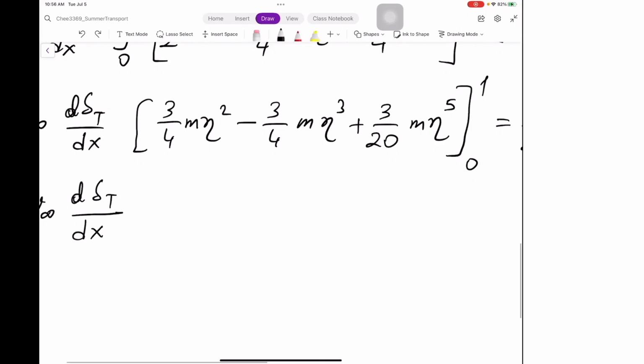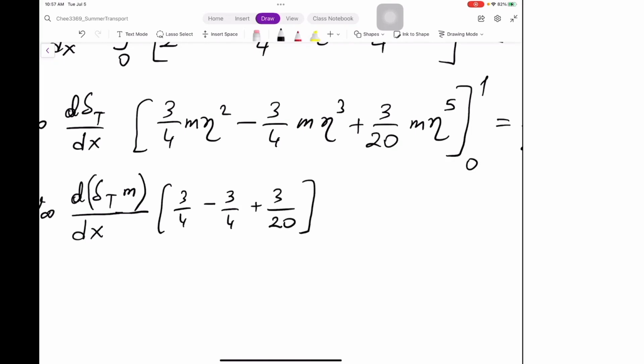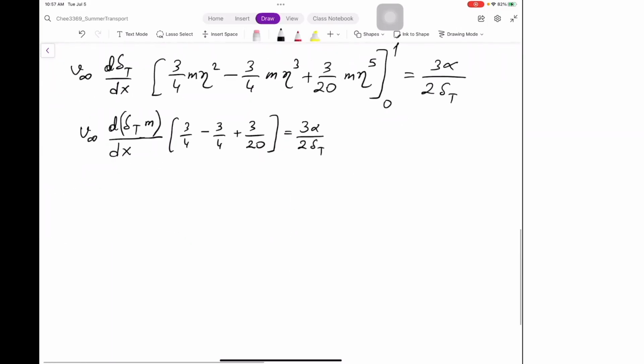So I have this. I can take the m out and put it there, and then I calculate the rest. You should get something like 3 over 4 minus 3 over 4 plus 3 over 20, right? That's equal to 3 alpha over 2 delta t, the right-hand side.